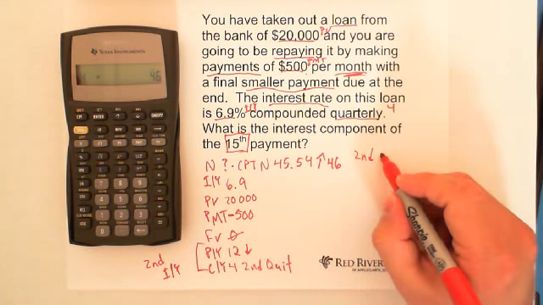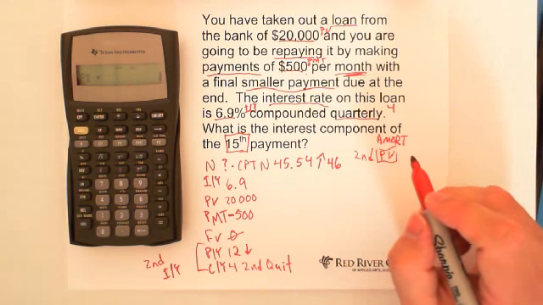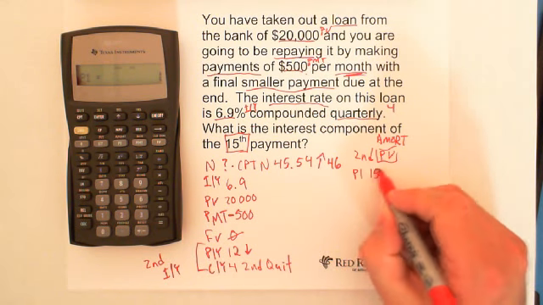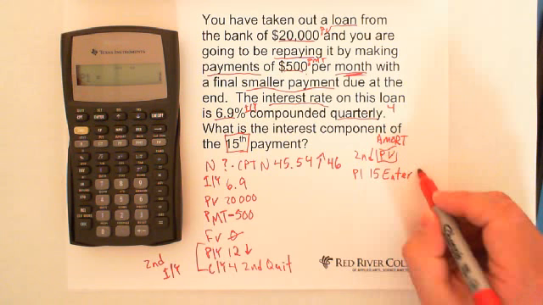So now we're going to go second PV because that's AMORT. So second PV. And so what I'm going to do is set P1 to 15 and then push the enter and down arrow button.